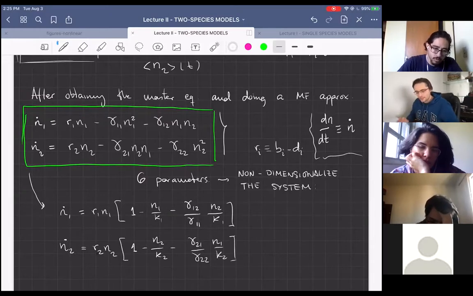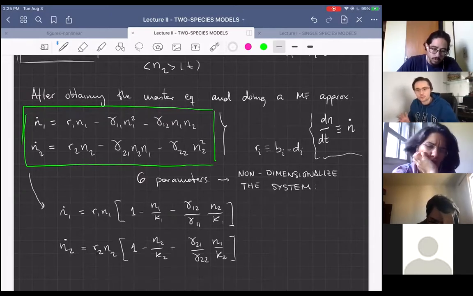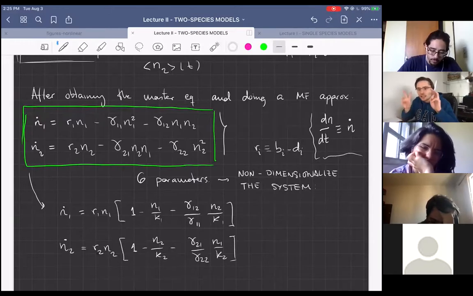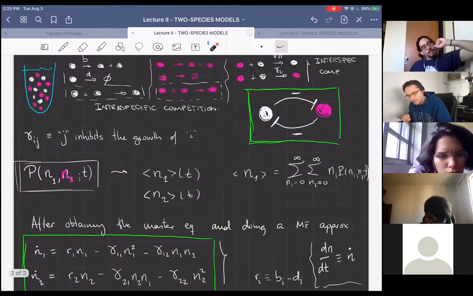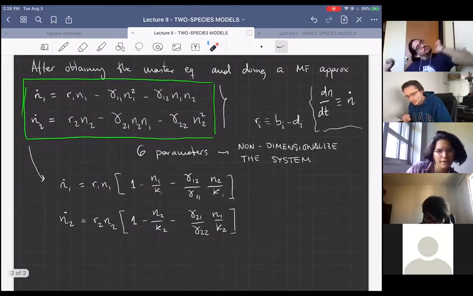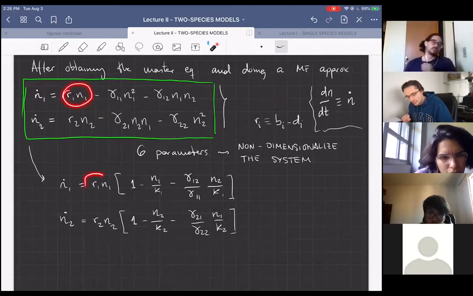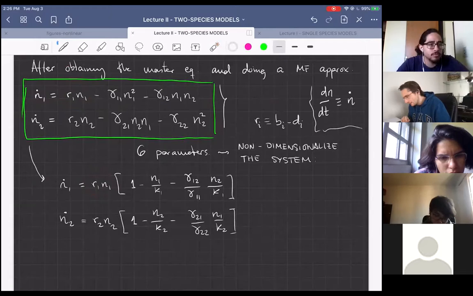So here the only thing I did was to rewrite these equations in a logistic way. Remember that yesterday we got to this description that was having all the rates explicitly with each of the terms from where they come microscopically. Now the only thing I'm doing is taking this outside and then redefining the K's and the gamma.